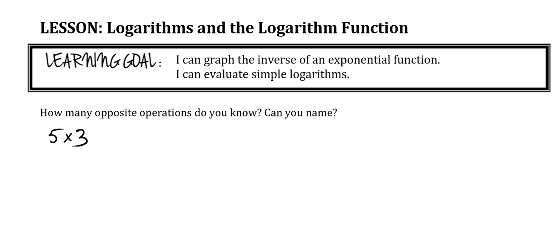So 5 times 3 and 3 times 5 is the same, right? Some operations are commutative, some are not. We kind of take that for granted. So 5 times 3 is going to equal something, and 3 times 5 is going to give me the same thing.